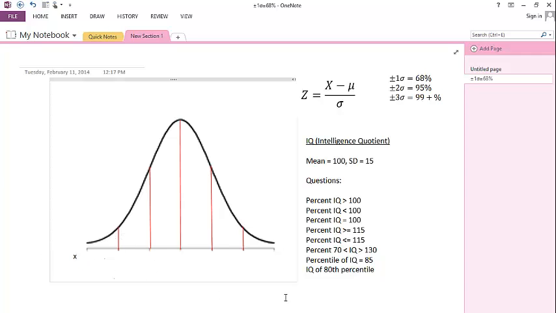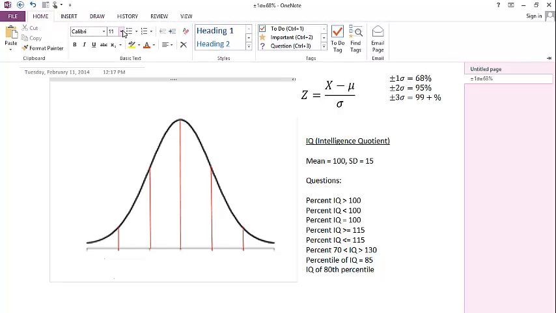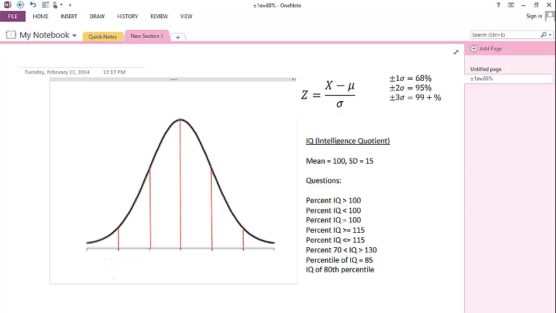So if you look at the x values, well actually let's put in the z values. In the center, it's 0.